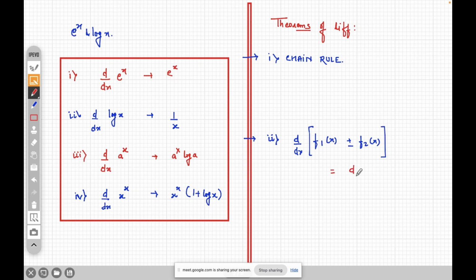It can be written as differentiation of function 1 plus or minus differentiation of function 2. Obvious? Yes or no? Yes, sir. Clear? Next.